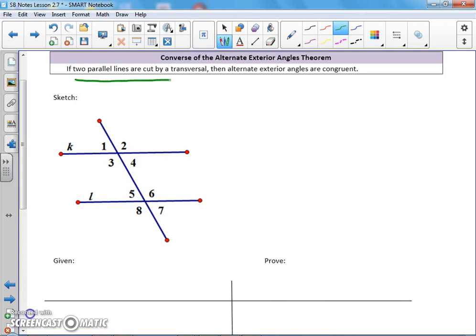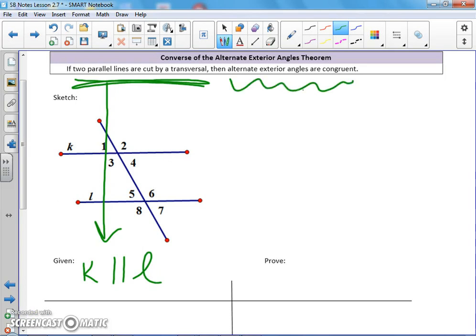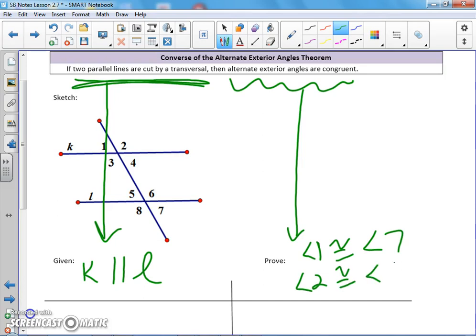My hypothesis tells me I have parallel lines, so my given needs to be that K is parallel to L. My conclusion is what I'm trying to prove. It says alternate exterior angles are congruent. So my alternate exterior angles would be angle 1 and would need to be congruent to angle 7, and angle 2 would need to be congruent to angle 8.